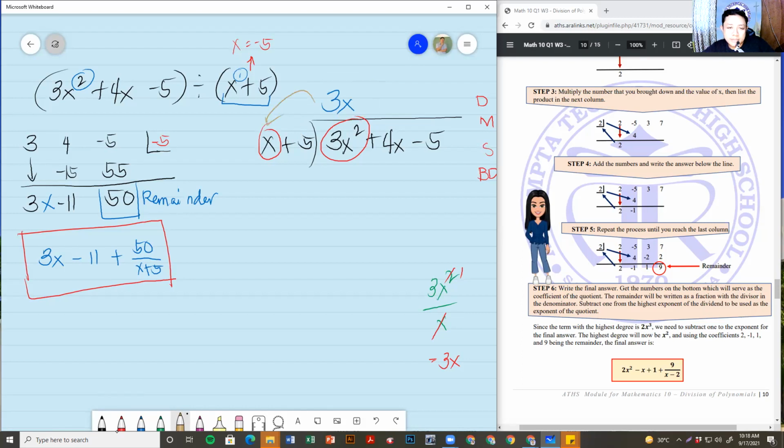What's the answer? That's 3x squared. And then 3x times 5 is 15x. And then, just like what I tell you, automatically you change the sign. Positive becomes negative, and then positive becomes negative.